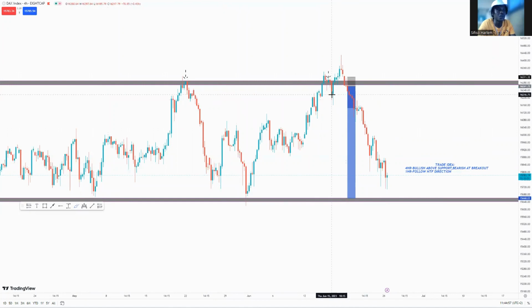But now the tricky part was that price did create this new all-time high and then broke back below our major resistance.